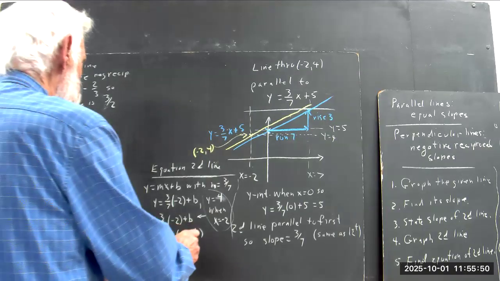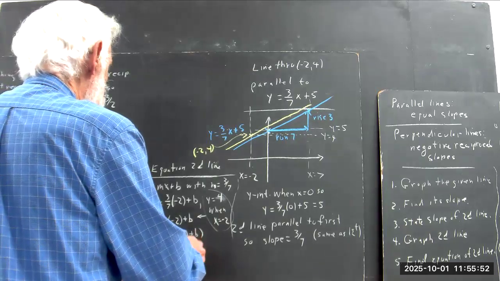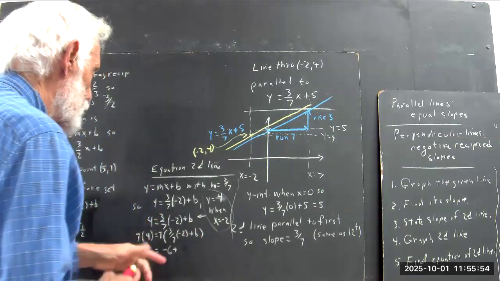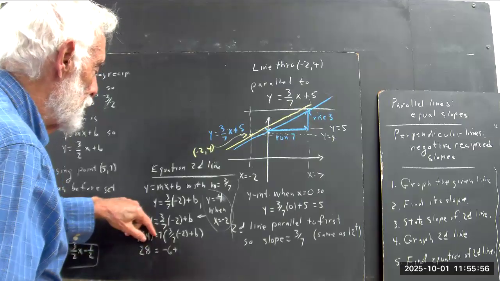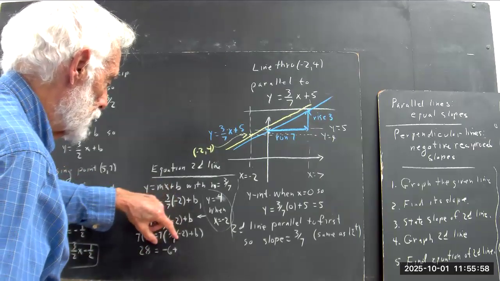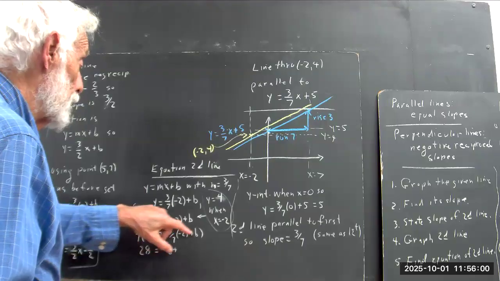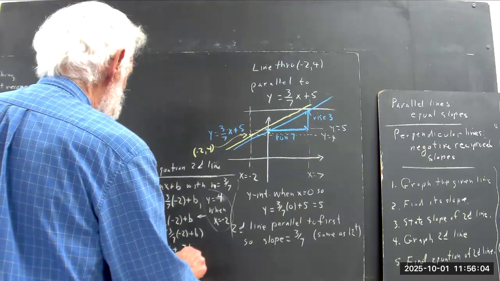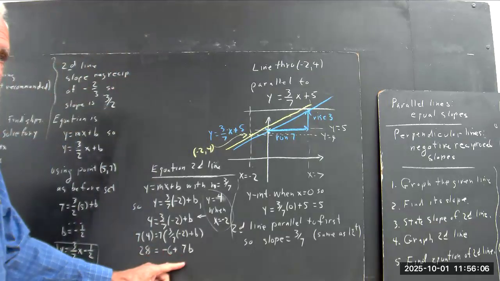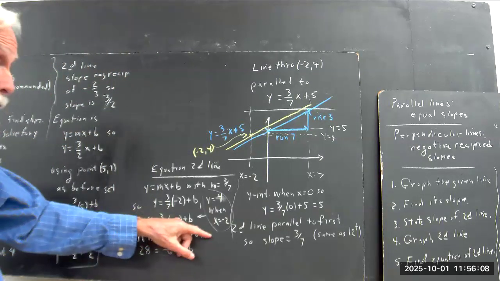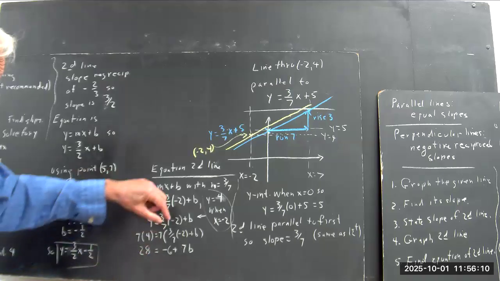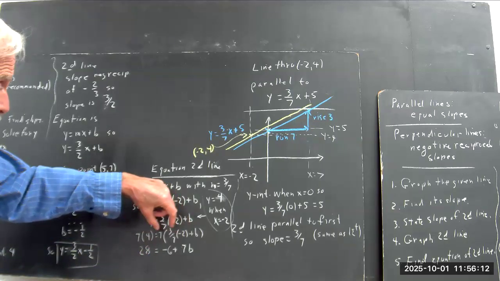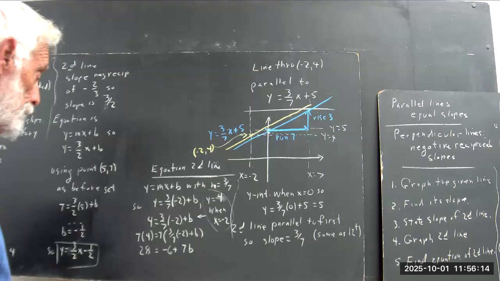I wrote plus b here. It's not -6 plus b. 7 is multiplied by the 3/7 times -2. 7 is also multiplied by b. So you see how easy it is to make mistakes, even if you write this out correctly. You've got to think it through. This times this, added to this times this.